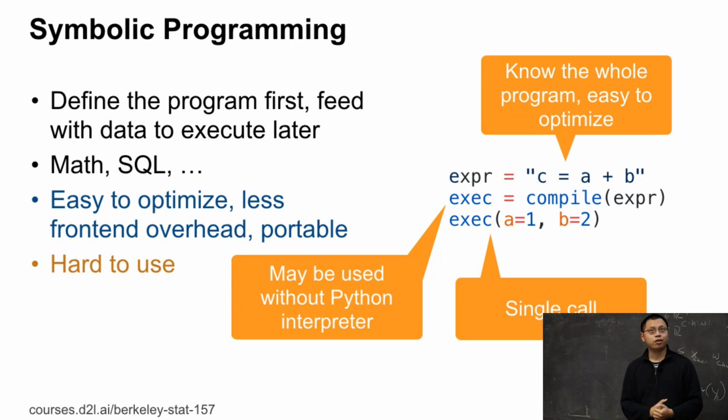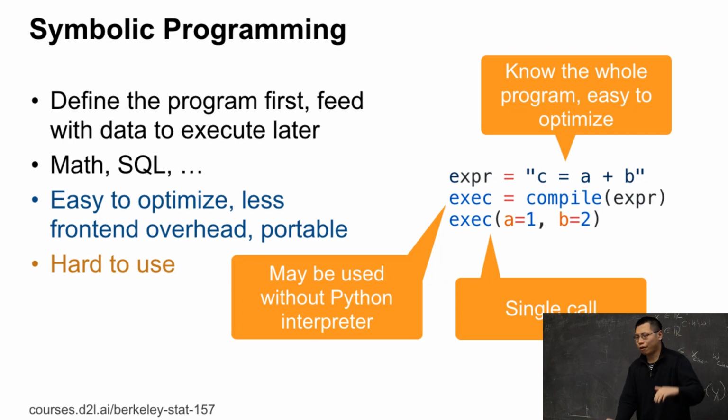We're going to show real examples later of how hard it is to debug this code. But the benefit here is speed. Because when you compile this code, you know the whole program, you can do a lot of optimizations. For example, if I know that A and B are not going to be used after we finish C, then we can just delete A and B to release the memory, because GPU memory is so expensive.